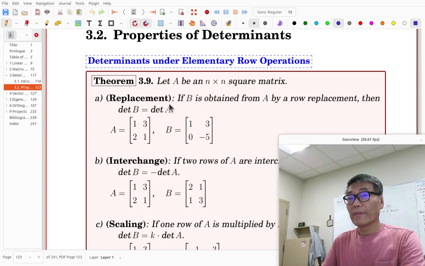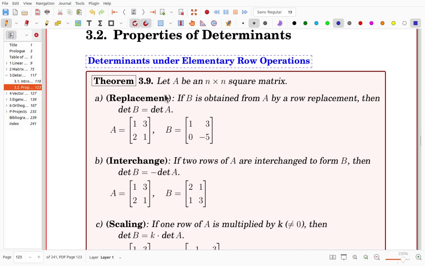See this theorem. A is an n by n square matrix. B is obtained from A by a replacement. Then the determinant of B is the same as the determinant of A. For example, here A is 1, 3, 2, 1, so its determinant is 1 minus 6, which is minus 5.